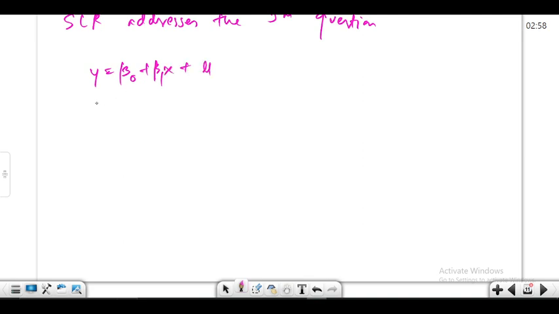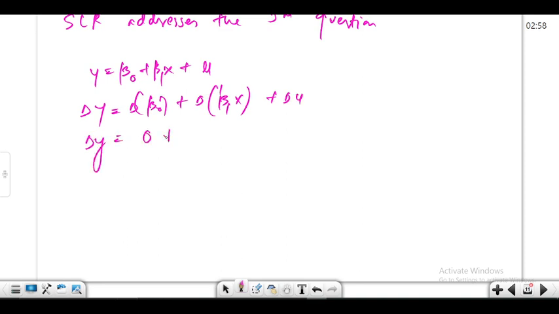Okay, so suppose I change x and u. So this becomes delta y is equal to 0 plus beta 1 into delta x plus delta u.